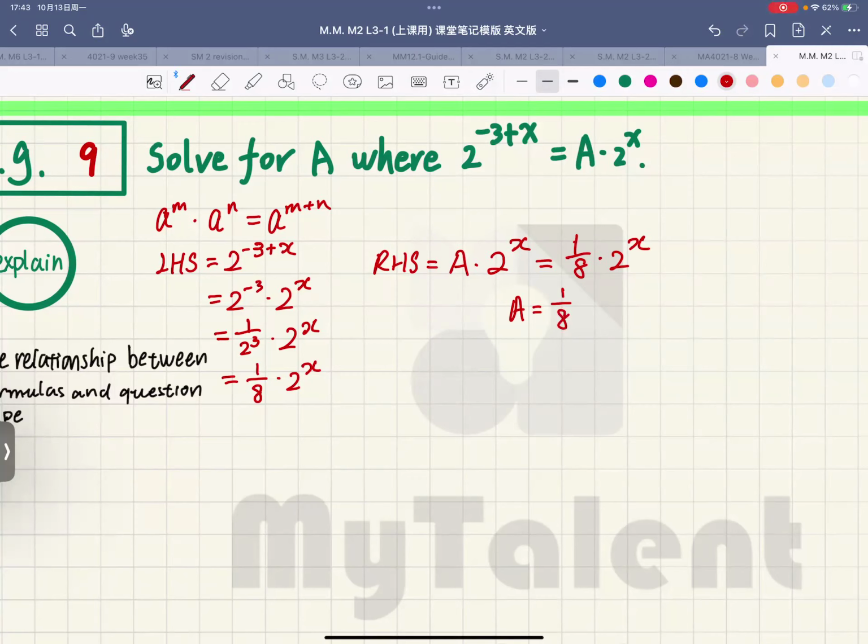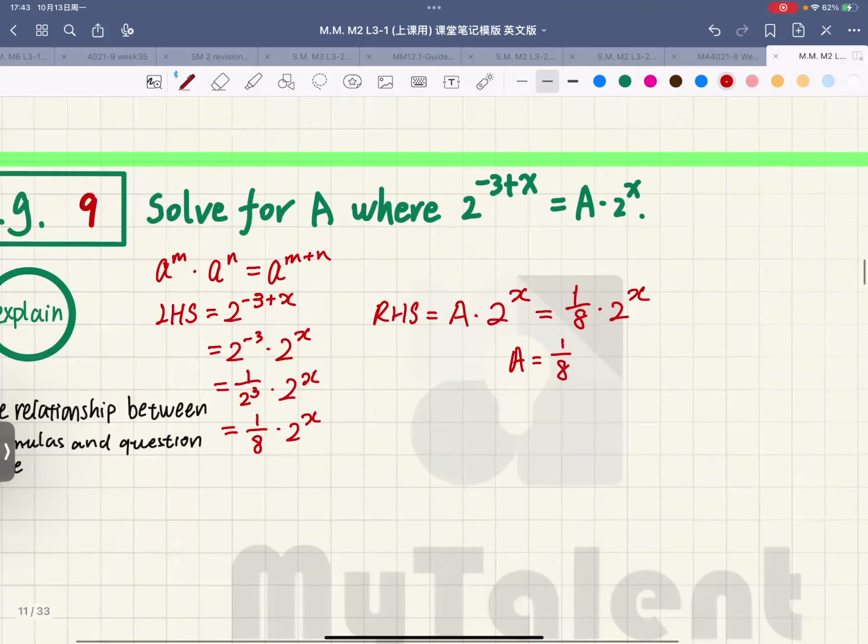If I give you the solution, it's easy. It's very straightforward, right? But let's think about how we get started without the solution. For this question, on the left-hand side, we have a base of 2. On the right-hand side, we have a base of 2, right?